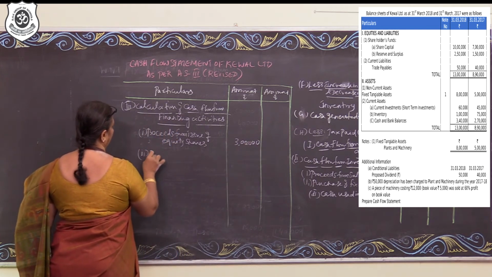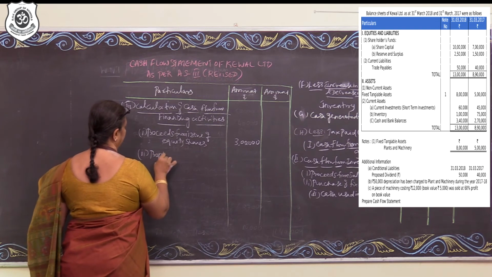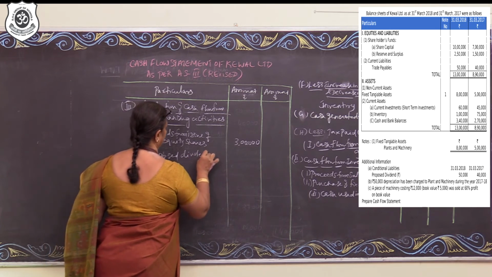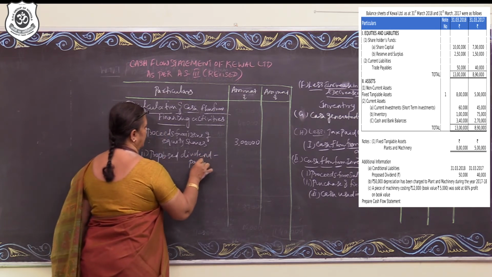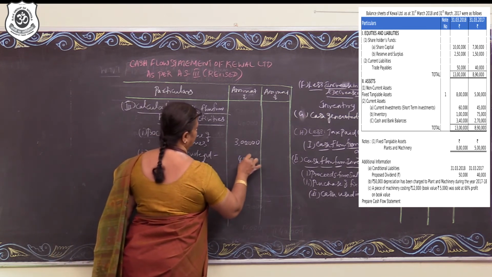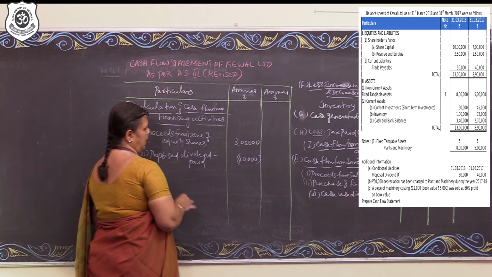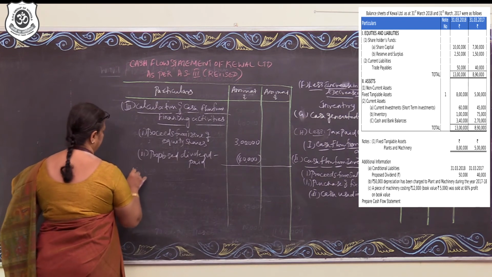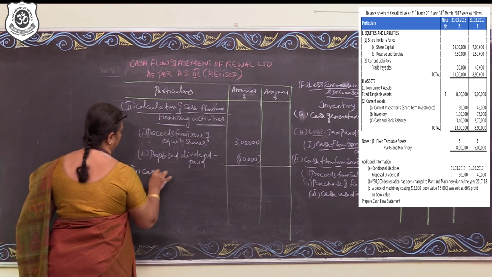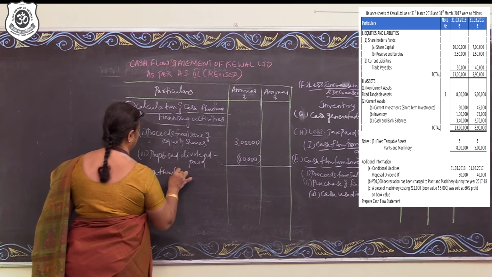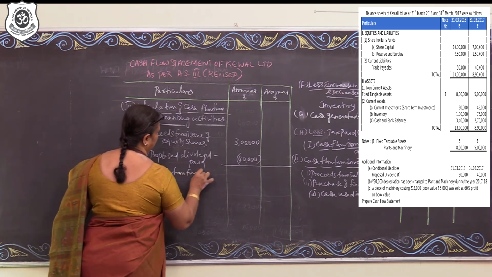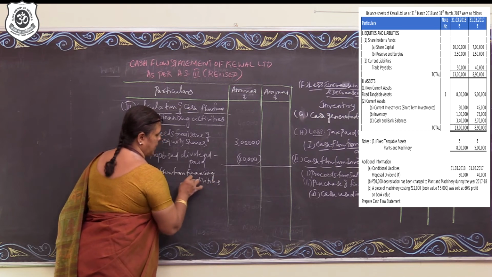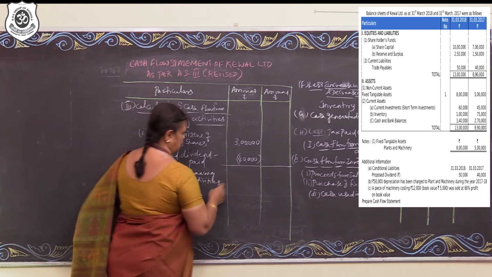Number 2, proposed dividend of the previous year, proposed dividend now paid is 40,000 rupees. So subtract that, you will get Roman letter 3, cash flow from financing activities to be 2,60,000.